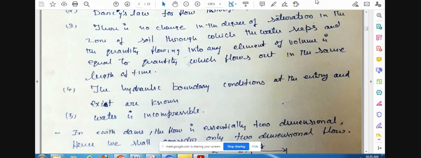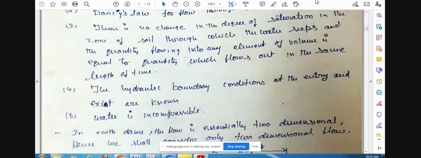The boundary conditions are: what is the water level on the upstream side, and what is the water level on the downstream side. Got my point? If you know that, then you can easily solve the problem. If you do not know those values, we cannot solve the problem.